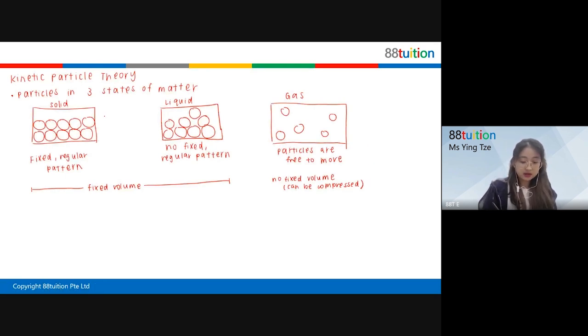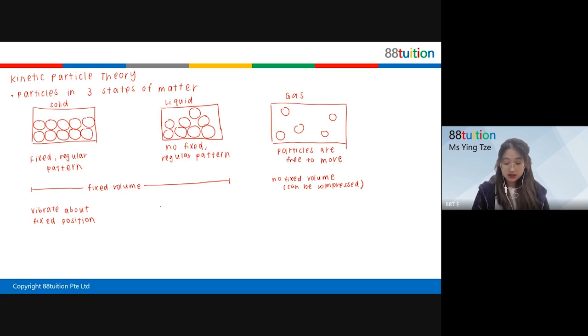And then when we look at the solid, it's fixed in this regular pattern. So the only movement it can do is to vibrate about its fixed position. And then for the liquid, they can move a bit.